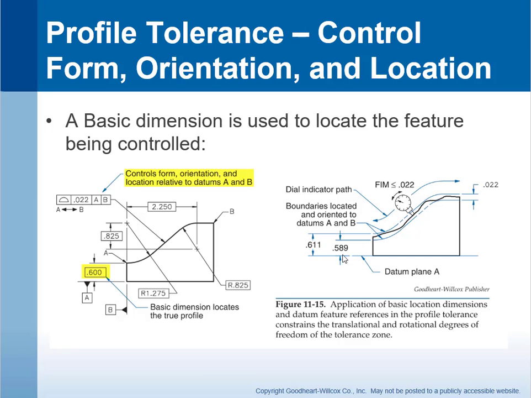So like most of our other tolerances, what we have is the 600, and that would be 611 down to 589, which is essentially the tolerance on the 600 thousandths dimension based on this tolerance here. So then that defines the profile there.